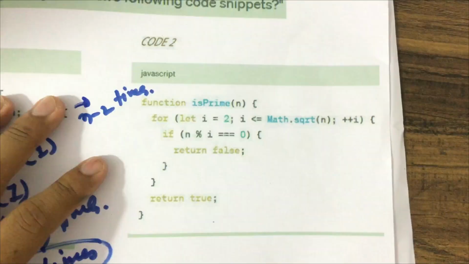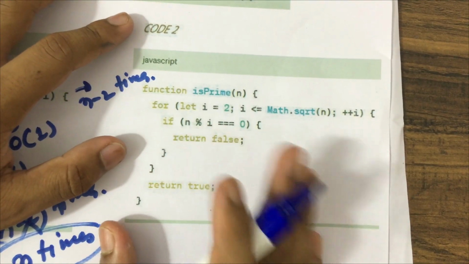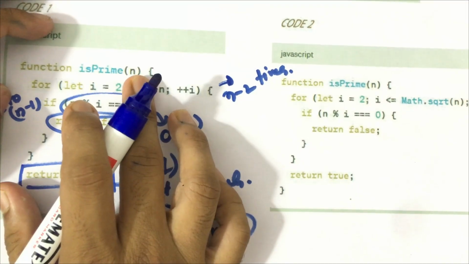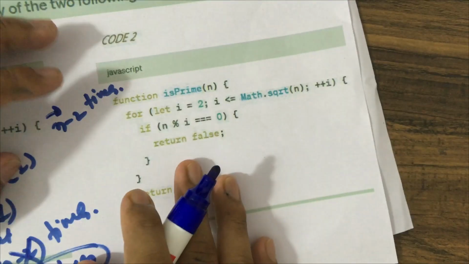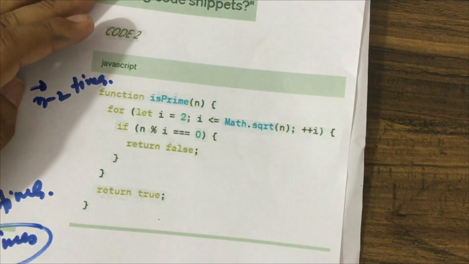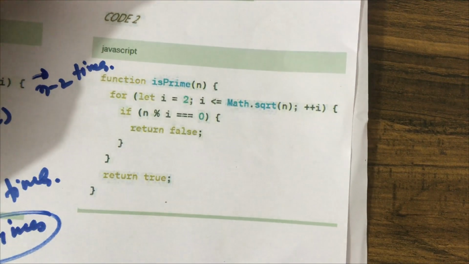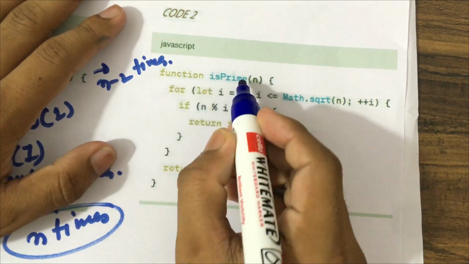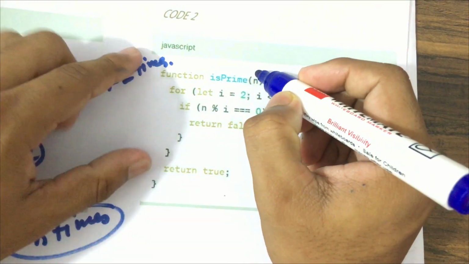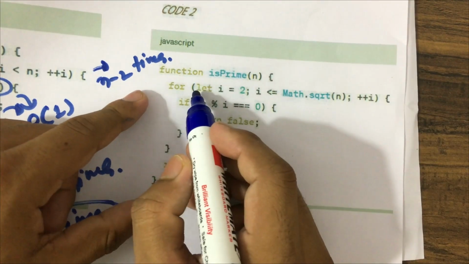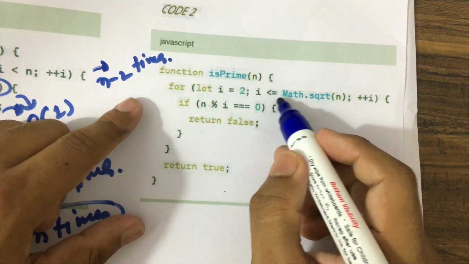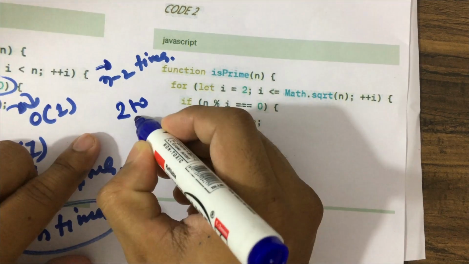Now let's read the right side. The same isPrime function checks whether the given input n is prime or not. This code also does the same thing, but we are here to judge the time complexity. So i starts with 2 and goes up to the square root of n.